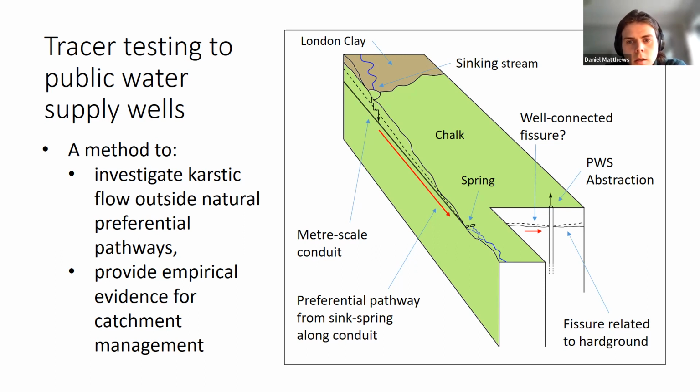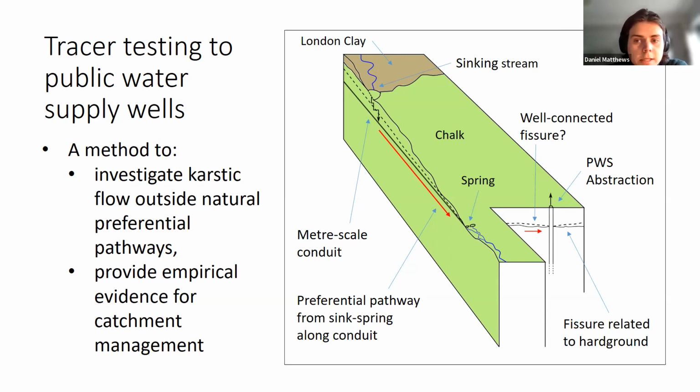Okay, so these kind of tests could provide a method to investigate karstic flow outside natural preferential pathways, from which we can think about contaminant transport and attenuation to sites outside these conduit networks. And from a more applied standpoint, they also provide empirical evidence for catchment management decisions like land use planning.